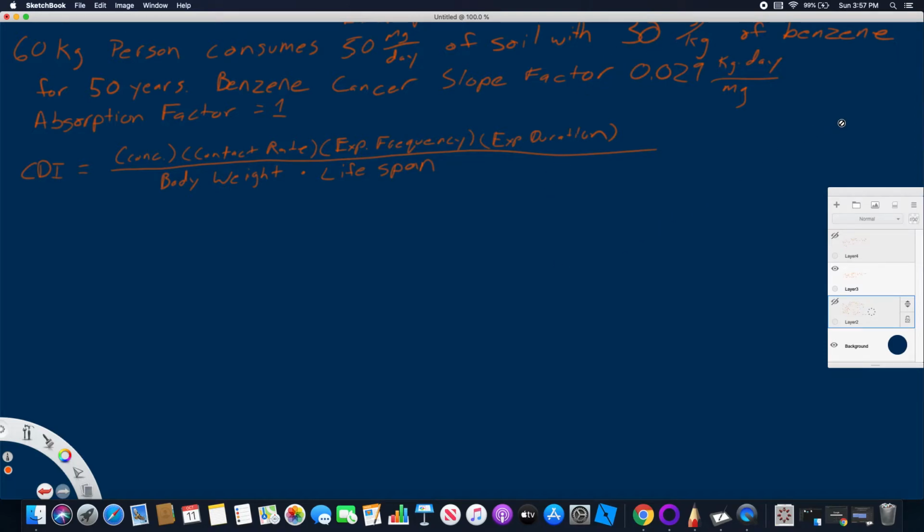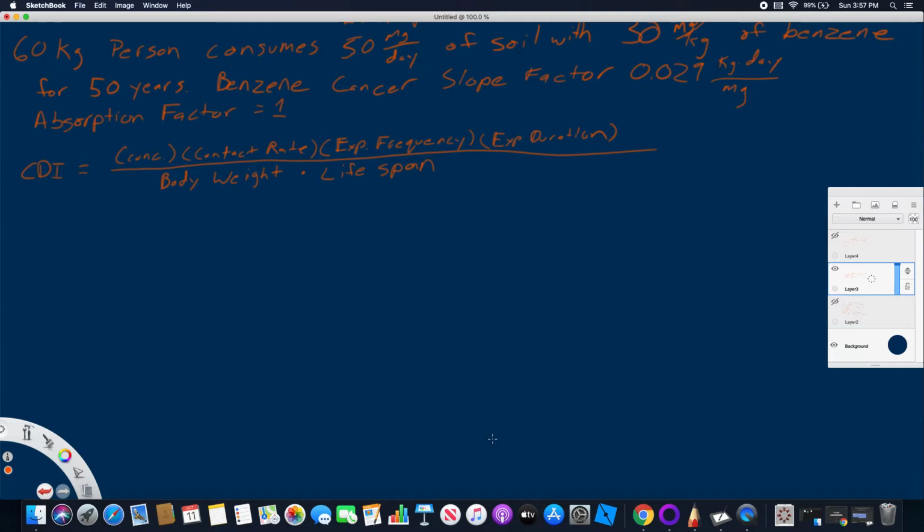And 30 milligrams per kilogram of benzene for 50 years. So what we're probably talking about here is a worker who worked every day for 50 years, breathing in soil that was contaminated with benzene.